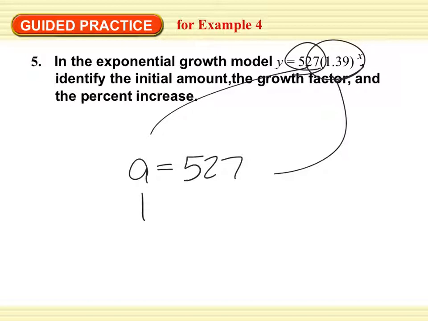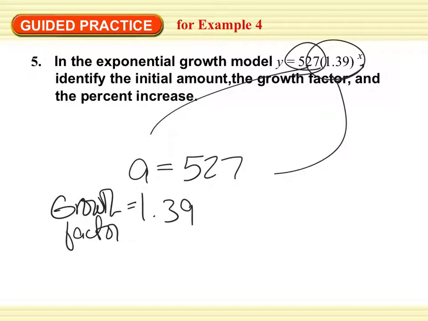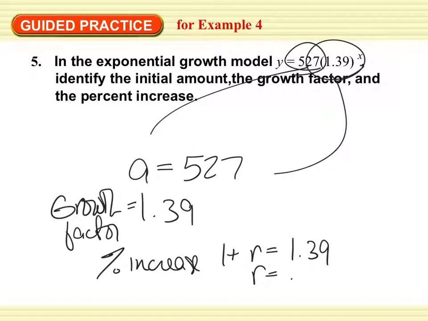Growth factor is 1.39, and the percent increase is that 1 plus r equals 1.39. Therefore, r equals 0.39, which equals 39%.